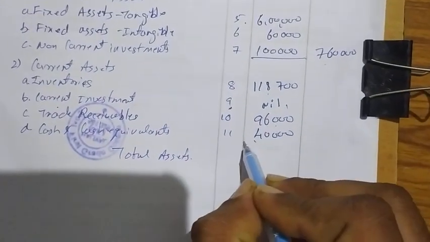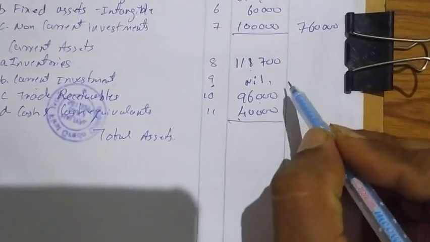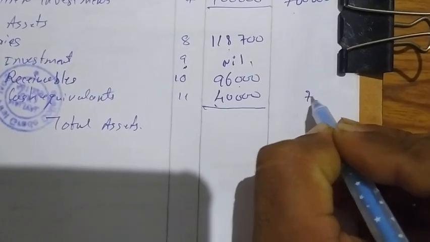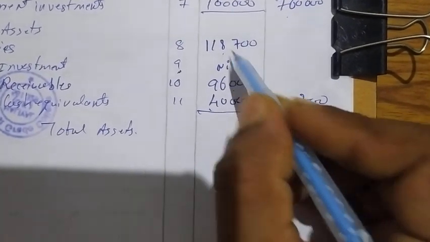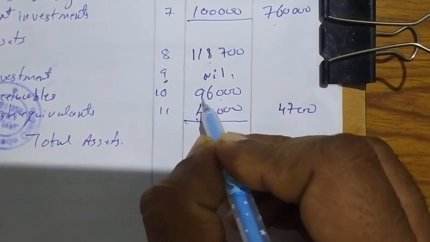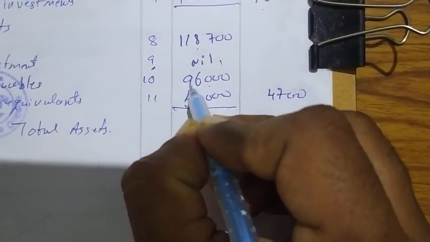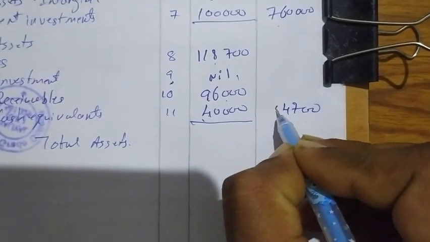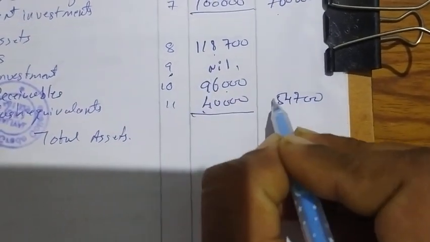Okay, so make the total of this column here: 700. Then 6 plus 8, 14, carry 1. 4 plus 1, 5; 5 plus 9, 14; 14 plus 1, 15, carry 1; 1 plus 1, 2.